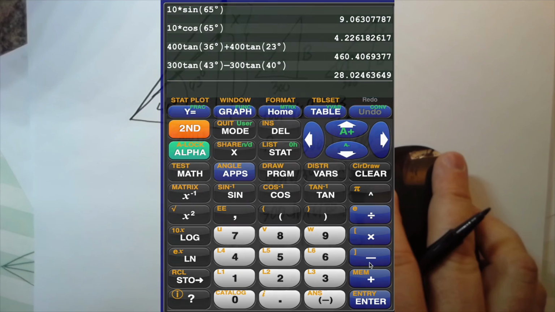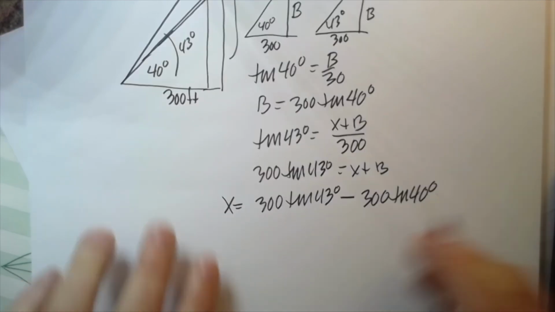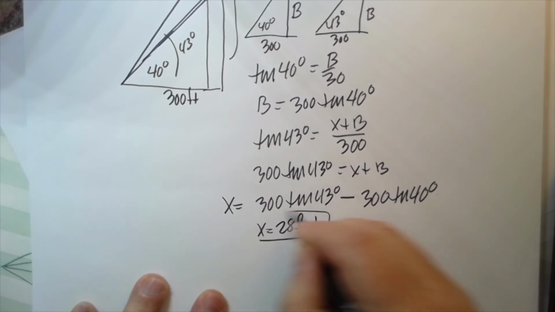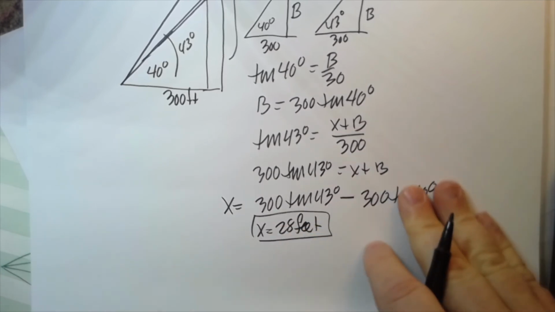So x is equal to 28 feet. That's the height of the antenna.